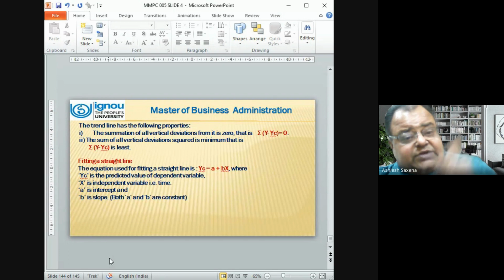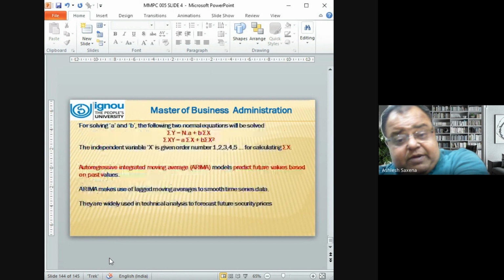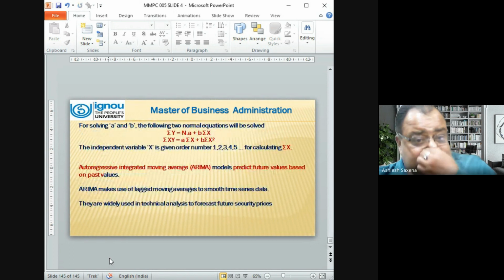Now, fitting a straight line. The equation used for fitting a straight line is yc = a + bx, where yc is the predicted value, x is the independent variable, a is the intercept, and b is the slope. Both a and b are constants. We have already seen this; I'm not doing anything new.